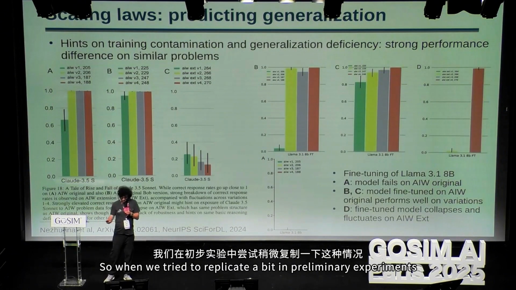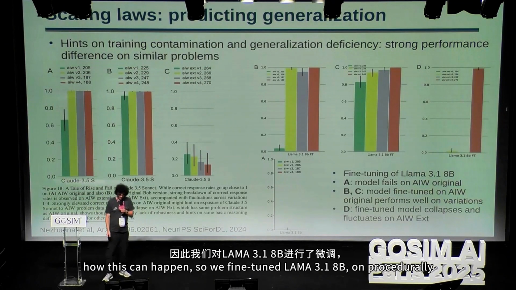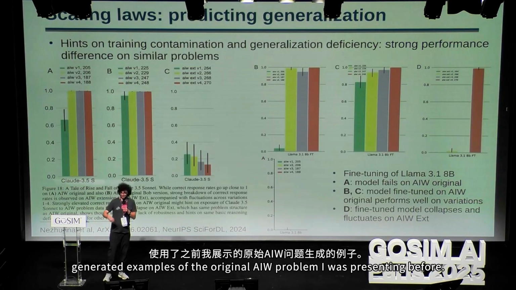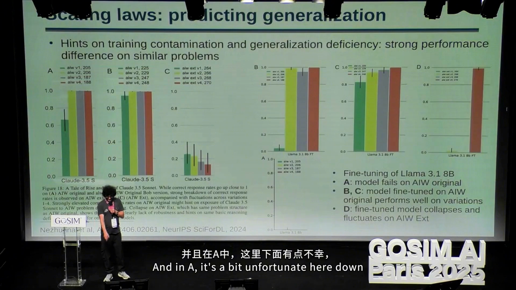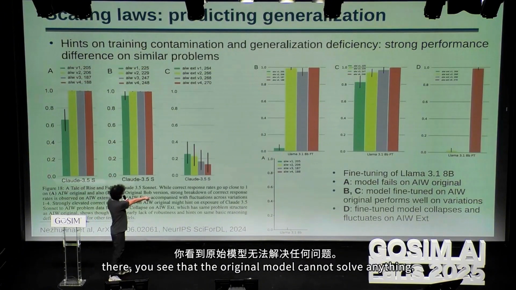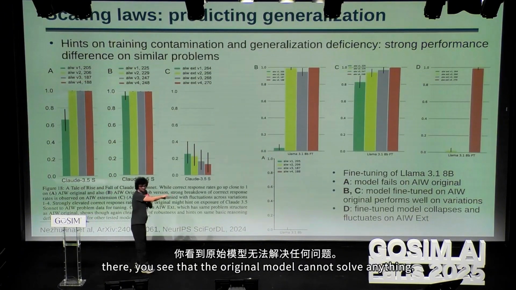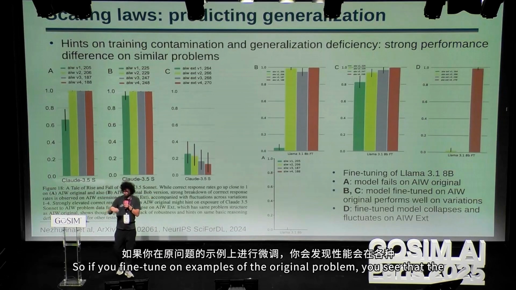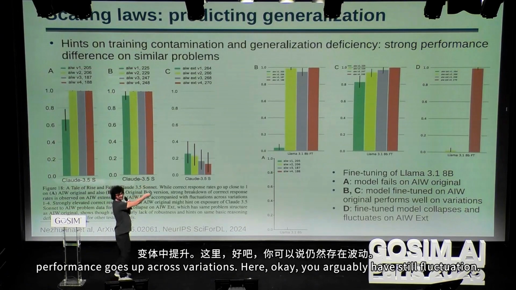When we tried to replicate in preliminary experiments how this can happen, we fine-tuned Llama 3.1 8b on procedurally generated examples of the original AIW problem I was presenting before. In A, it's a bit unfortunate down there, you see that the original model cannot solve anything. If you fine-tune on examples of the original problem, you see that the performance goes up across variations.